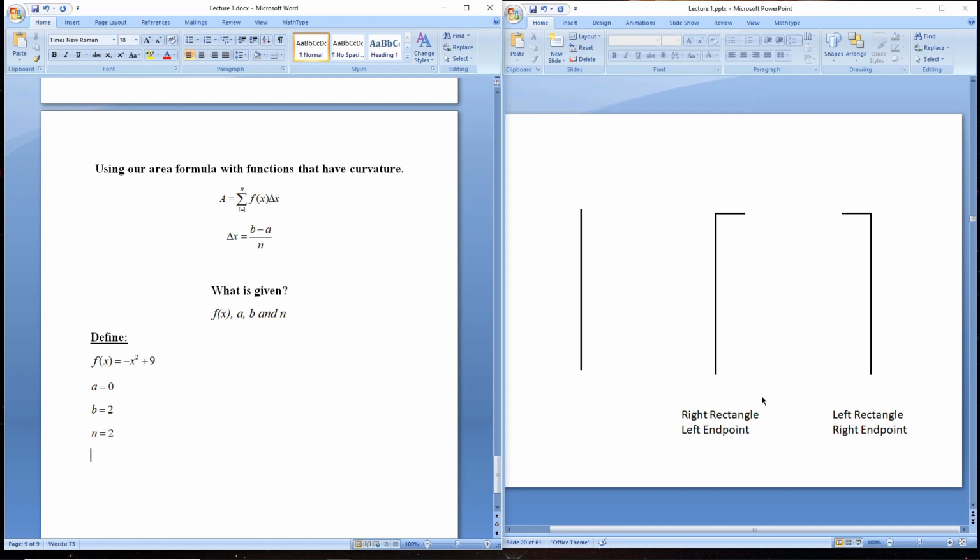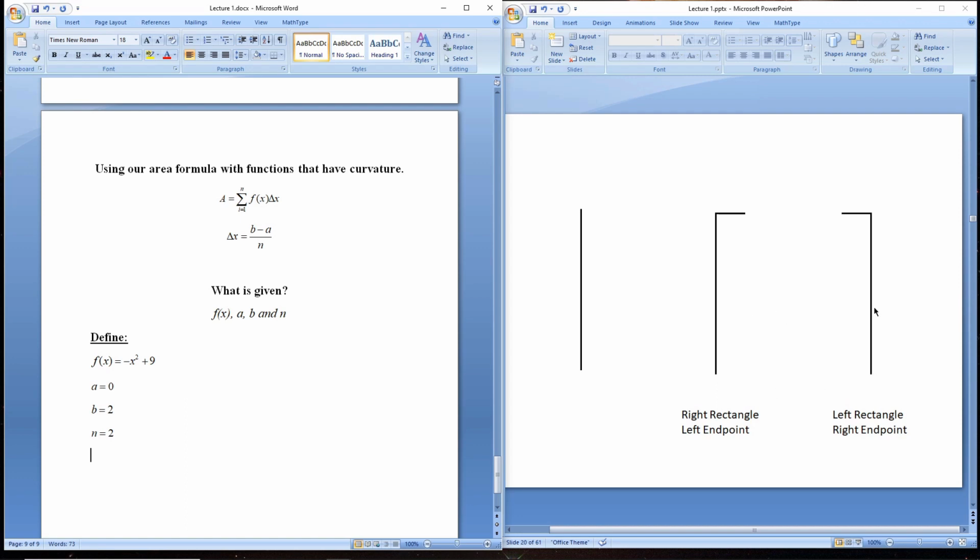These are the 2 possibilities for creating rectangles, and unfortunately, there is not a standard naming convention for this. If you go up and to the right, that's called a right rectangle. Some people also like to call that the left endpoint, since your rectangle starts from the left.